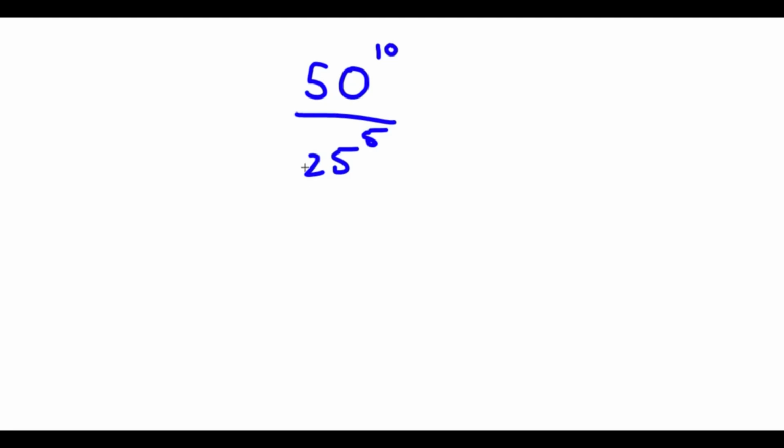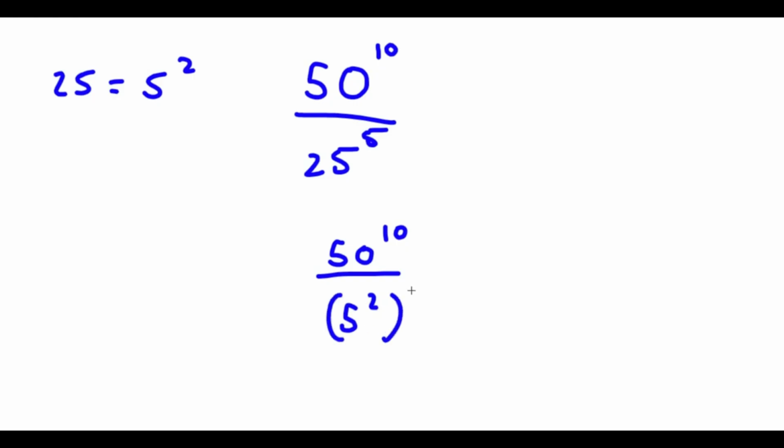Now, first off, 25 here, this is the same thing as 5 squared. So now I have 50 to the power of 10 over, if I replace 25 with 5 squared, I have 5 squared to the power of 5.